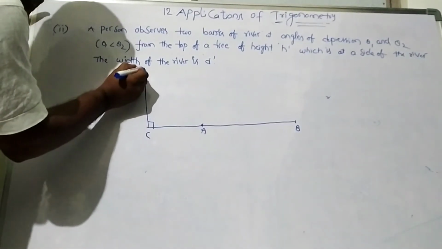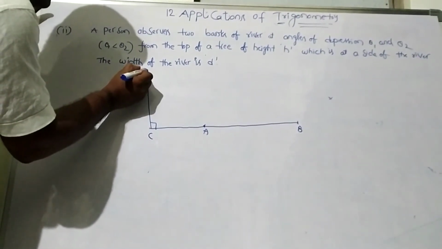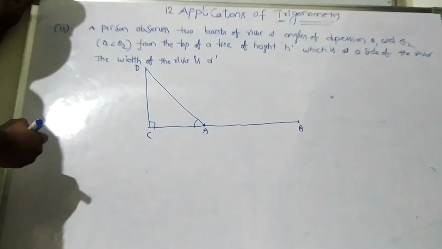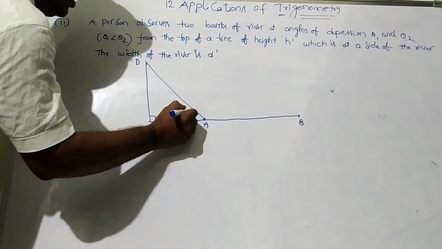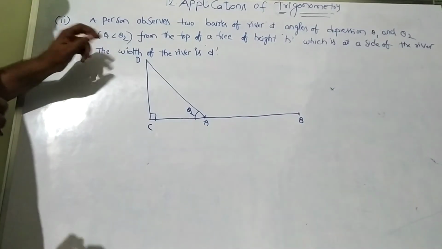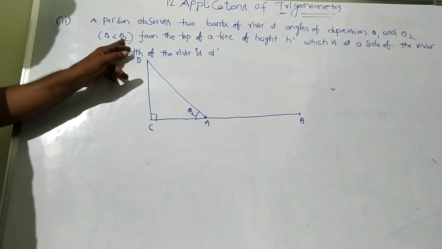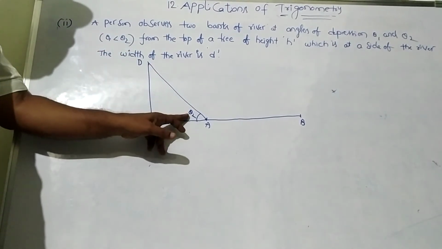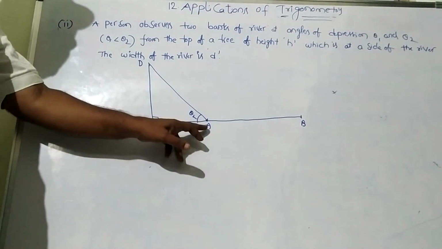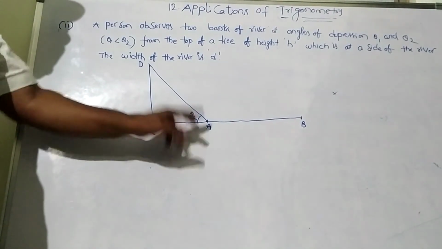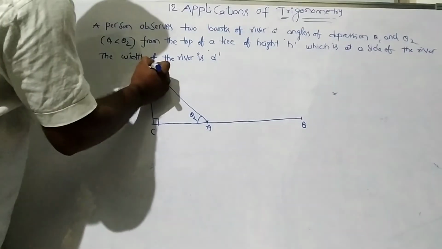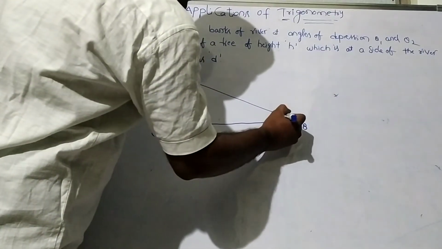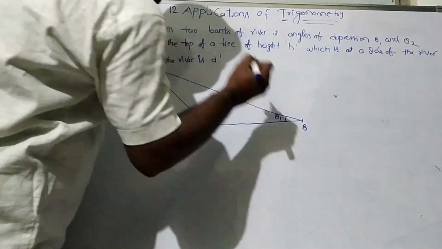So the person saw the first bank of the river at an angle of θ2, because θ2 is the greater angle. The second bank of the river is at an angle of θ1.